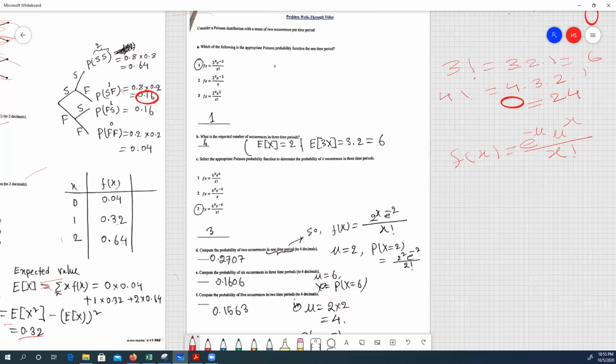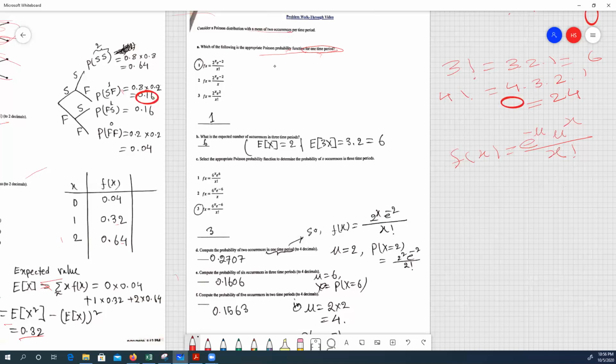Now we have to find the distribution function for part A. Here we have to find the Poisson probability function for one time period. For one time period, the mean is 2, right?